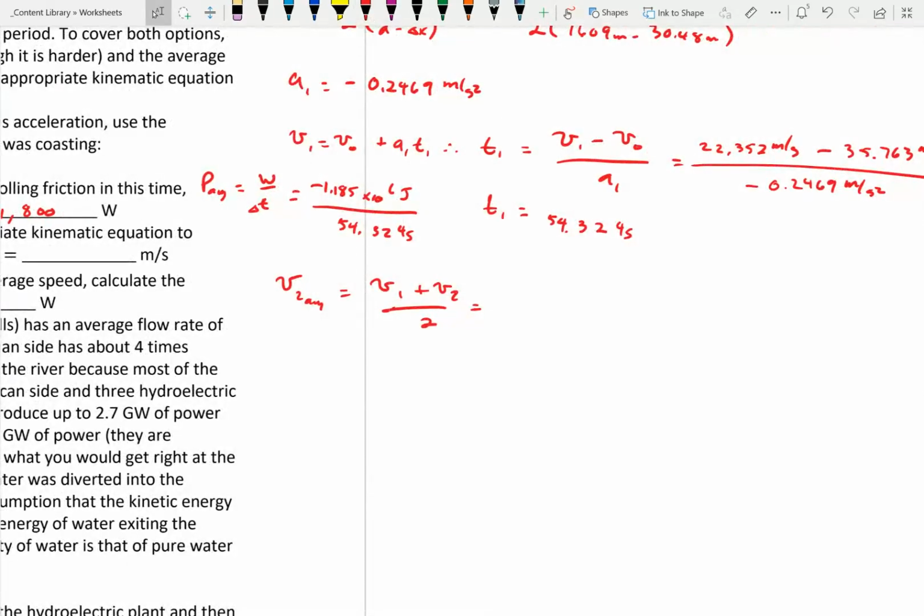But no, we have to do it in meters per second. So that's going to be 22.352 meters per second plus 17.886 meters per second all over 2 equals an average speed of 20.1168 meters per second.